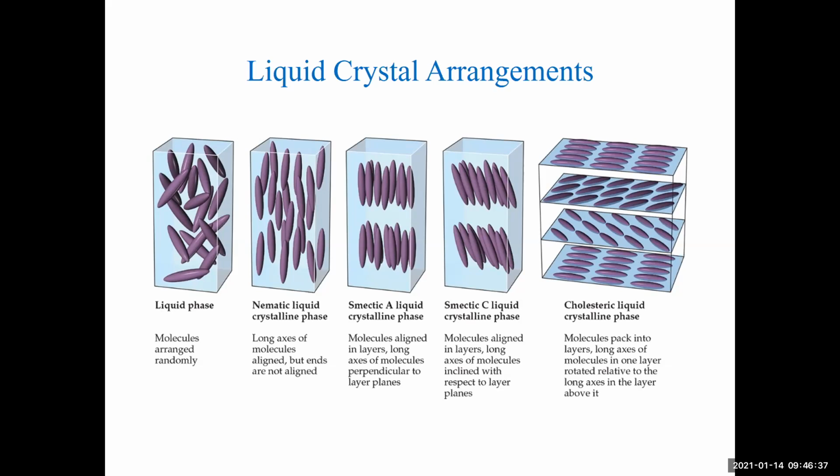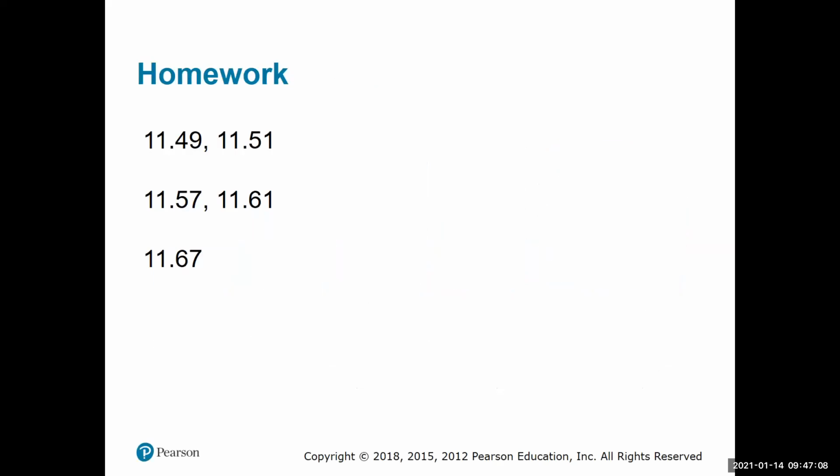And that's where some of the properties come in for using them in displays. But it's this semi-solid, milky type phase that really, if you look at it closely, has order to it. And like I said, depending upon the compound and some other things, how much order it has and what type of order, that's what's going on in the liquid crystals.